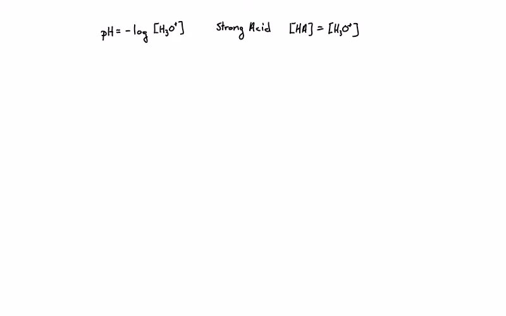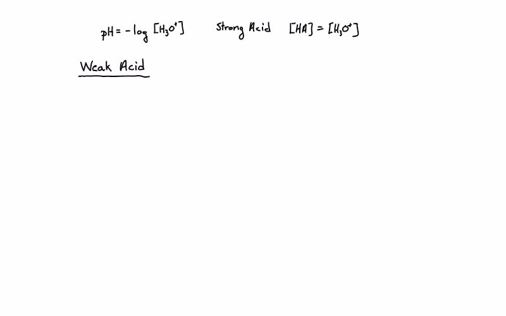But this raises the question, how do we deal with weak acids? Because we know that weak acids do not completely dissociate. In fact, they only partially dissociate. So how are we going to go about figuring out what the hydronium concentration is going to be?